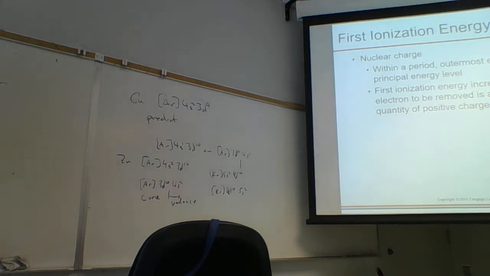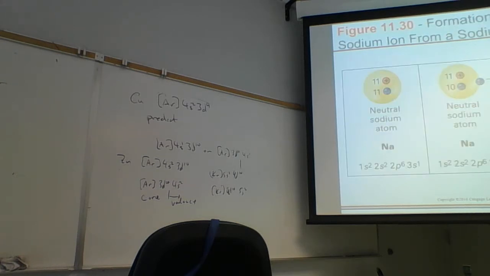To remove the first electron is called the first ionization energy, so it's IE1. To remove the second electron would be IE2, the third electron, IE3. It depends on how many electrons you want to take away. So this would be the first, the second, the third. It gets harder and harder with each successive ionization. So let's just look at the first ionization, how hard it is to remove just one electron.